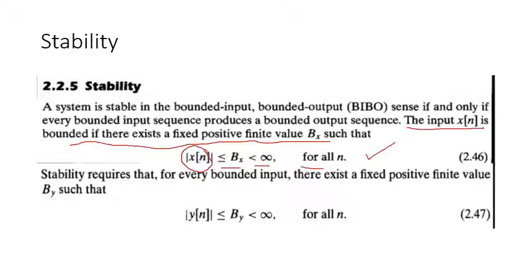Now if input is bounded, the output magnitude must be less than By, some fixed value, and By is less than infinity. If both these conditions hold, the system is said to be BIBO stable. One more time, in stability we are concerned about the magnitude or the amplitude.